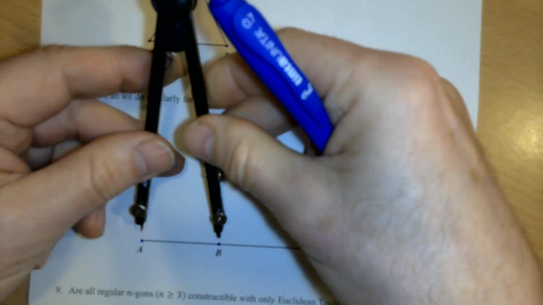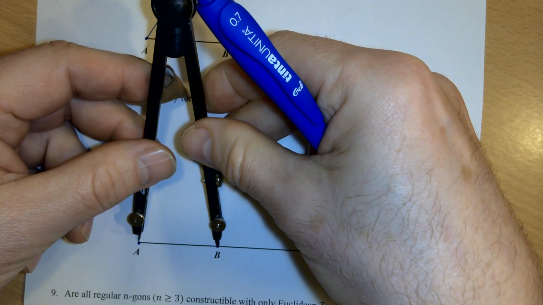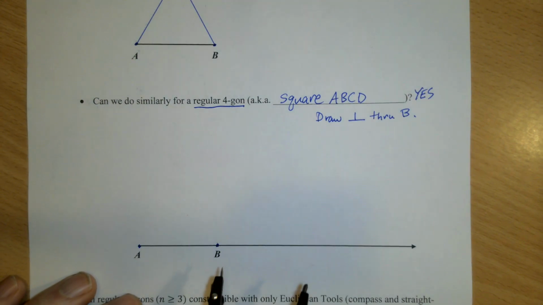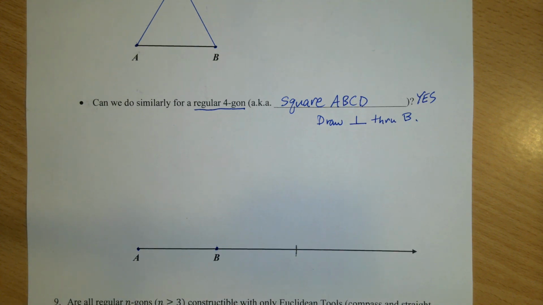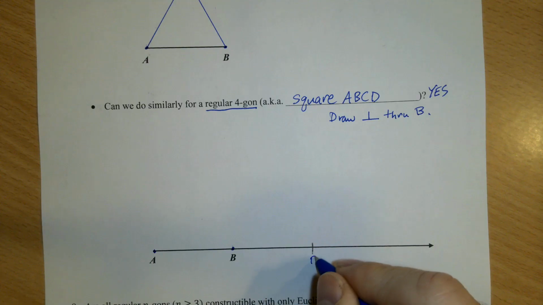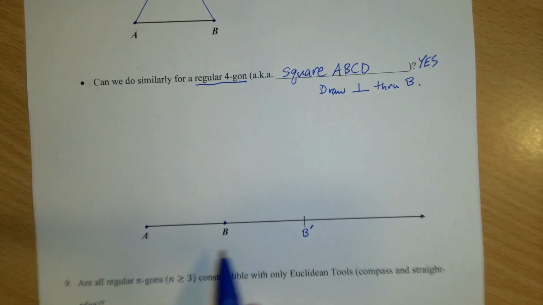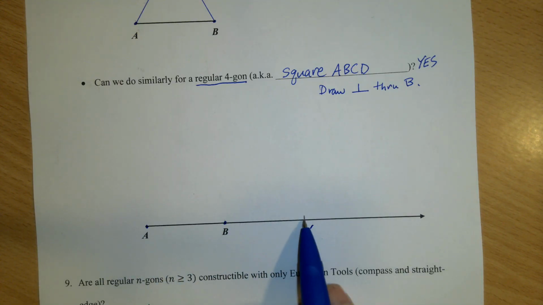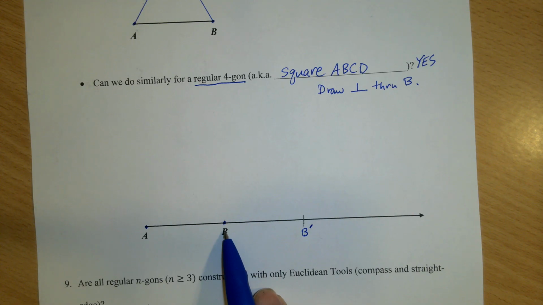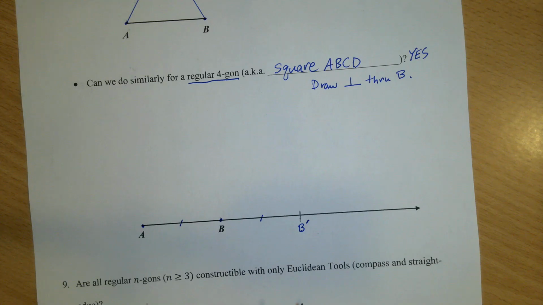Set up your compass so that the distance is the distance from A to B. Then I extend that one more time and put a mark right here. Maybe I'll call this B prime. If we look at only the segment A B prime, B would be the midpoint, because that length and that length are exactly the same.